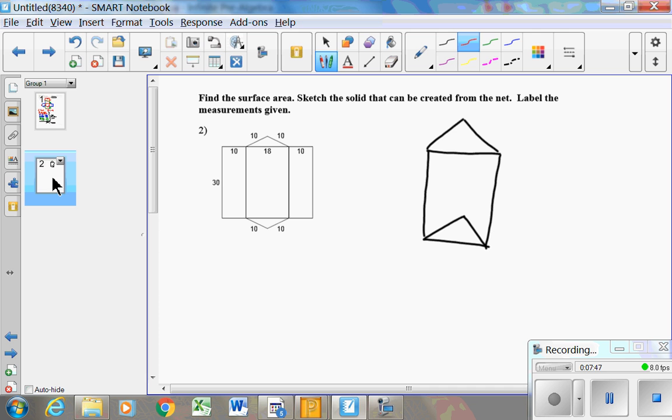So my bottom is here, and both of these sides are 10 and 10, and this bottom length here is the same as the top length. This is 18. So this is a 10 and a 10 and an 18.